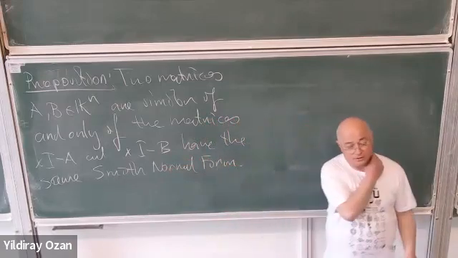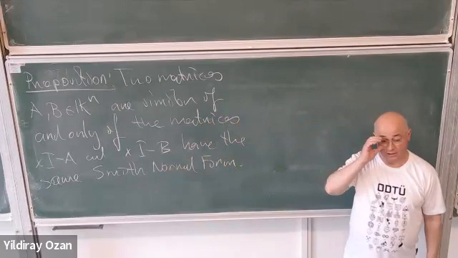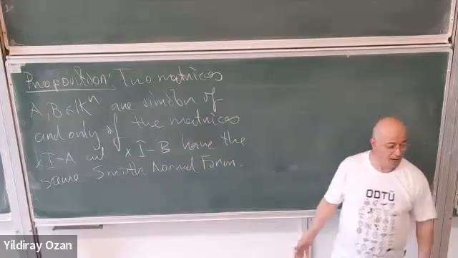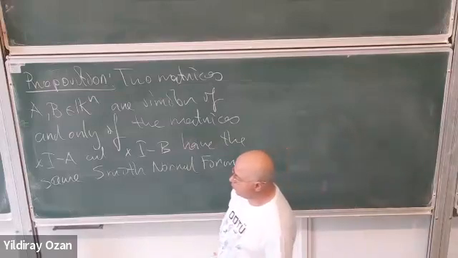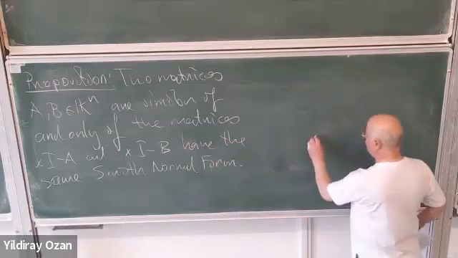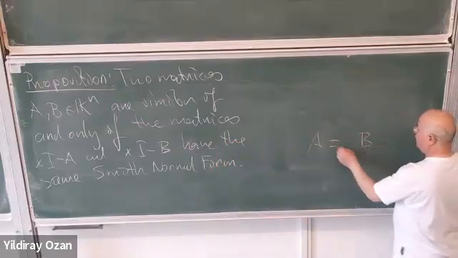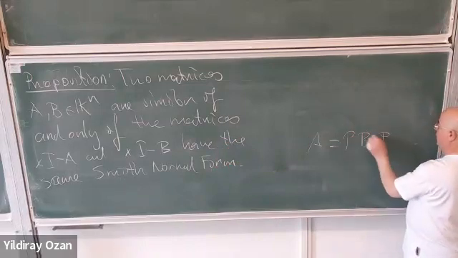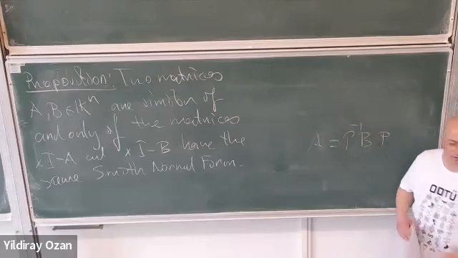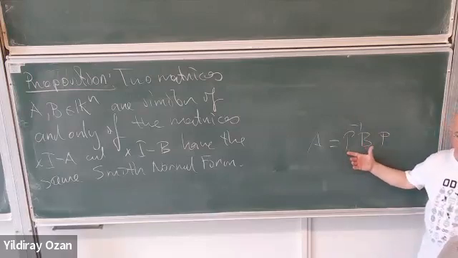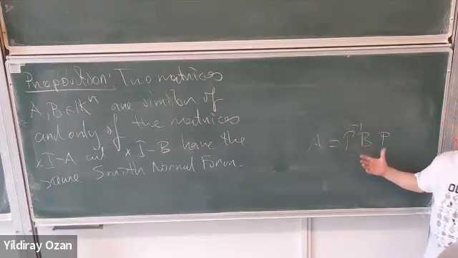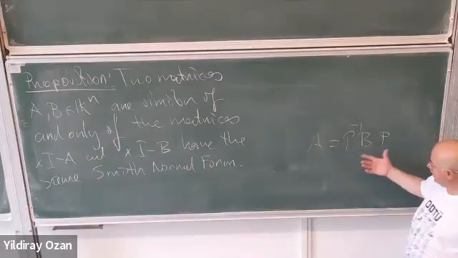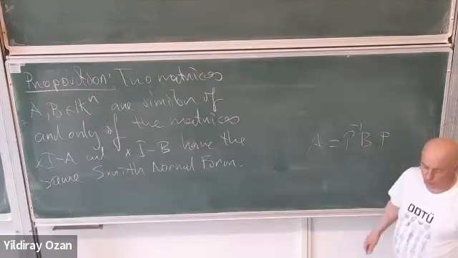In general, determining whether two matrices are similar or not is not an easy task, right? Because I give you two matrices, and then you look for a matrix which satisfies this condition. Does such a P exist? It's not an easy question. This is an equation, but it is not easy to solve this equation.